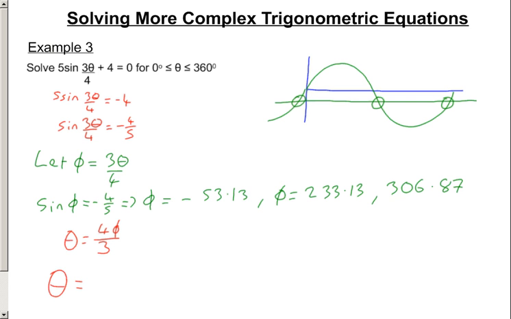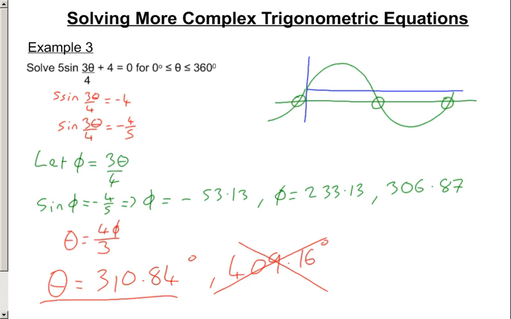The 233.13, when we put that in, we get 310.84 degrees. And when we put the 306 one in, we get 409.16 degrees. What we notice is that second one is outside of our domain. So again, we don't want that one. The only one we want is this one here.